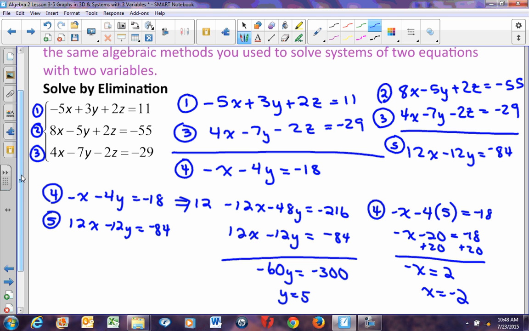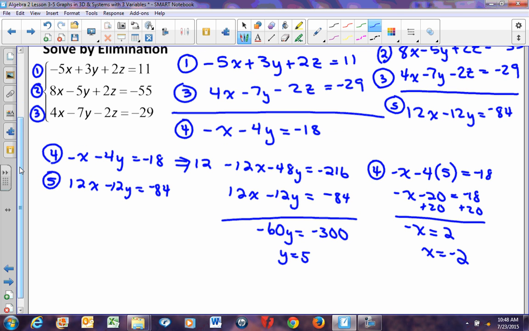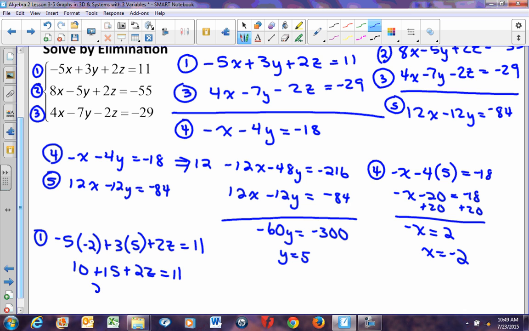So to find z, I can plug into either of my original equations 1, 2, or 3, and it doesn't matter which one. I'm just going to choose 1 because it's easy, it's there. So I'm just going to put in negative 5 times negative 2 plus 3 times 5 plus 2z equals 11. So 10 plus 15 plus 2z equals 11. So 25 plus 2z equals 11.